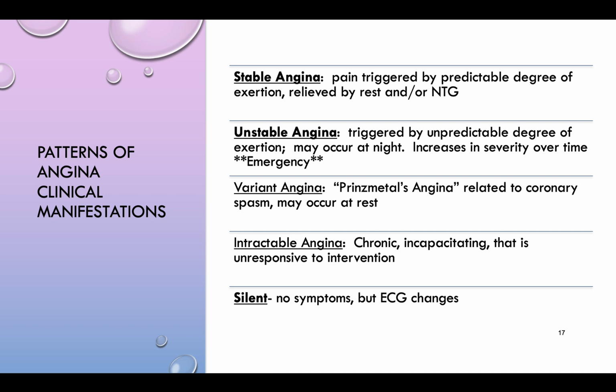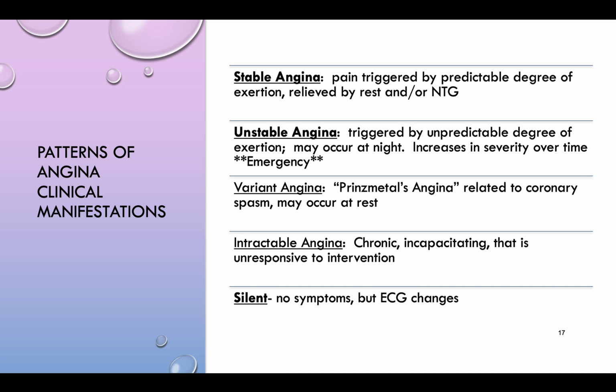So a stable angina means that we know that chest pain is triggered because of a certain activity or degree of exertion. And we know that when we stop that activity that led to that chest pain and we rest or we use a vasodilator like nitroglycerin, that chest pain goes away. That's a stable angina. It's predictable.